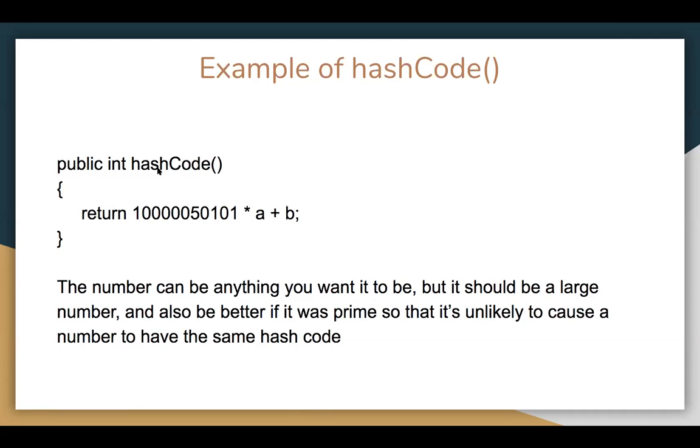In Java you can use a method to call another method. When you're creating a hash set and adding things into it, every single time it's going to call this hash code method. When you override it in a class, you're basically giving it a new thing to run, and it's going to run this one. Again, make this number anything you want, but it has to be big, and better if it was prime.